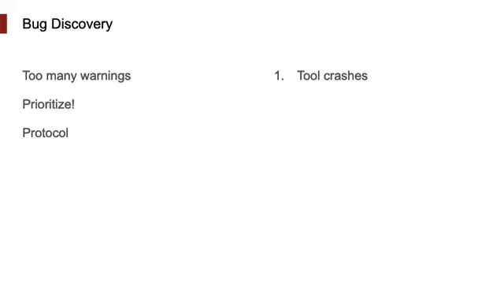Here they are. First, the first tier contains situations in which the tool crashes. In this case, obviously there is something wrong with it. The second tier contains programs that, once parallelized, produce results different than what the reference input does. That's a strong indication of a bug. Then we have false positives.